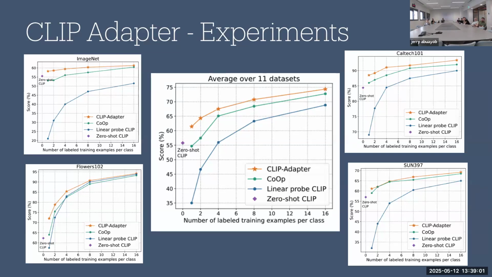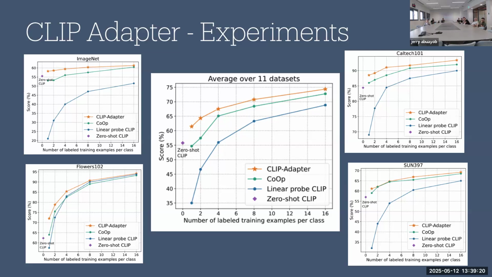Okay, so the CLIP Adapter experiments were done on 11 datasets. 10 were fine-grained datasets, like Elon said, and the 11th dataset is ImageNet.